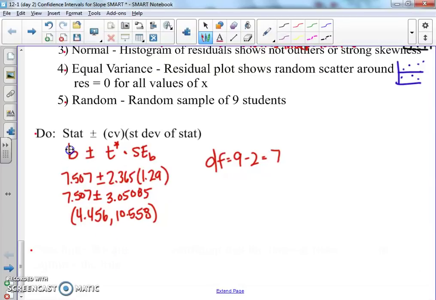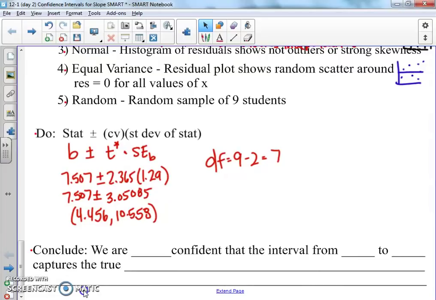So remember, you got to have the full general formula, specific formula, show your work, as well as have the degrees of freedom listed. And finalize with a conclusion, which is the template that we've always used before. We are blank confident that the interval from blank to blank captures the true what?